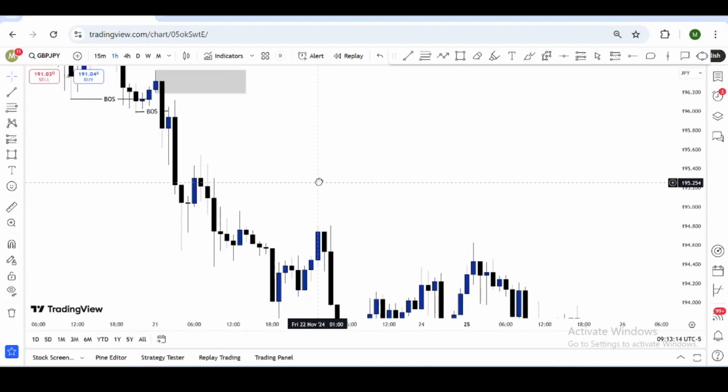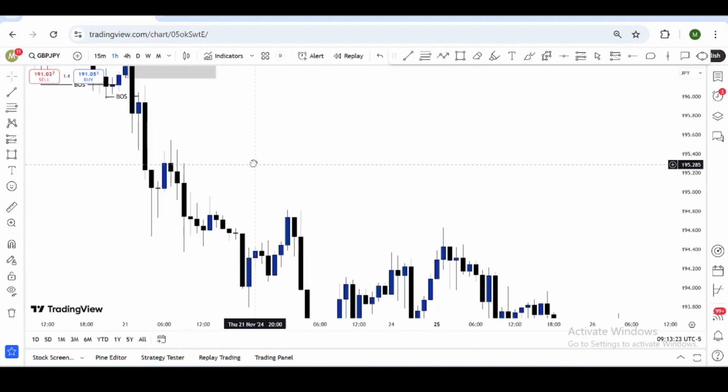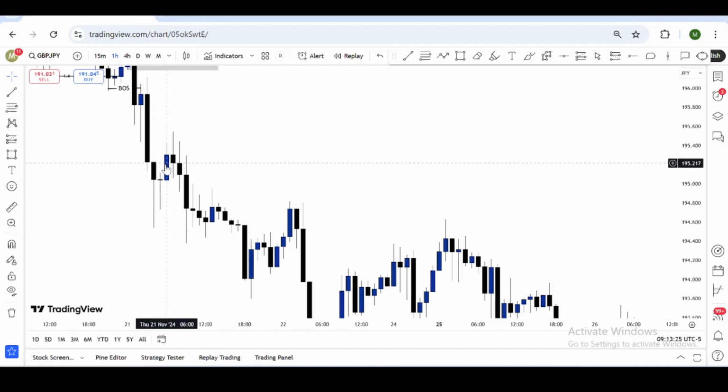Now let's identify another order block. Here we have another order block here. This last candle to the upside before this push here. Why did we identify this one as an order block? Because it gave us a break of structure at this point, right? It gave us a break of structure at this point.